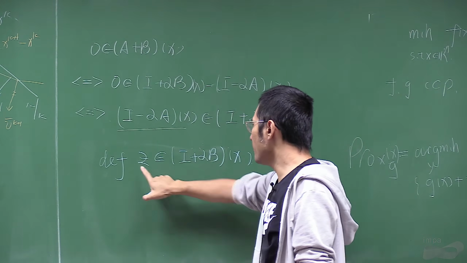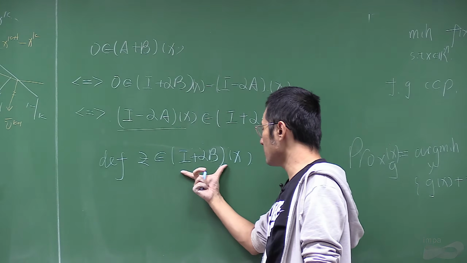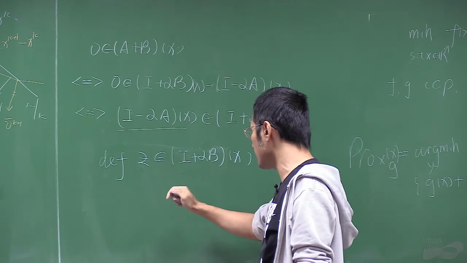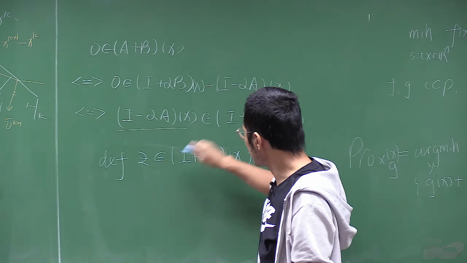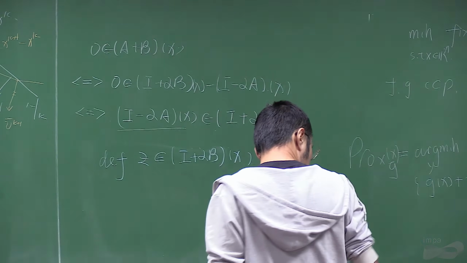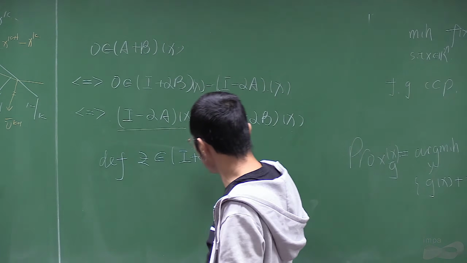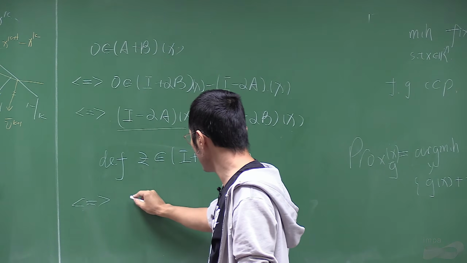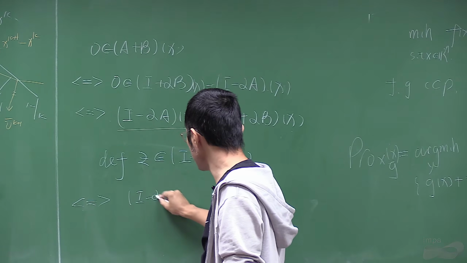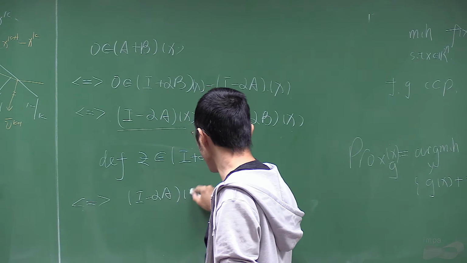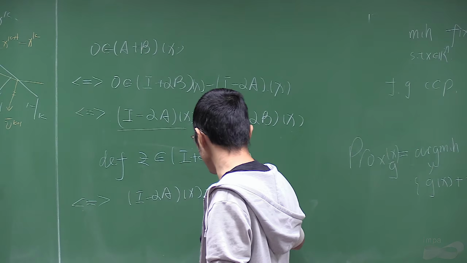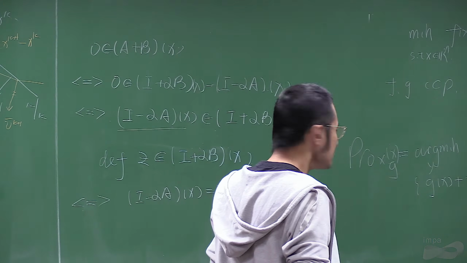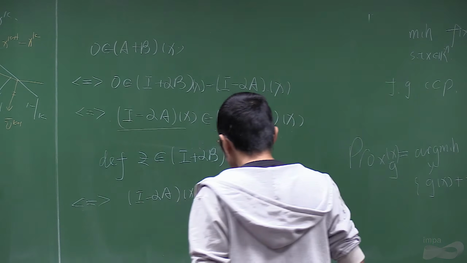Since it may have a lot of outputs, but Z is one of them, okay? Since Z is a vector, then we can rewrite this inclusion as an equation. So we have (I minus alpha A) X equals Z, okay?